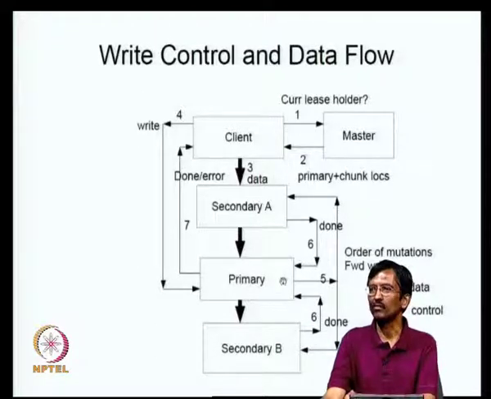There are multiple chunk writes going on, and that is what is being ordered. So, you have multiple concurrent writes going on, and you are ordering them, and each of those secondaries will apply those updates in the same order. So, every client will see all the updates in the same order.